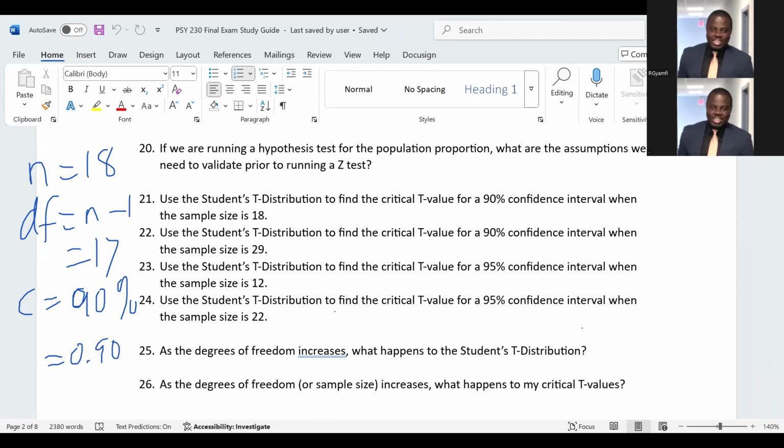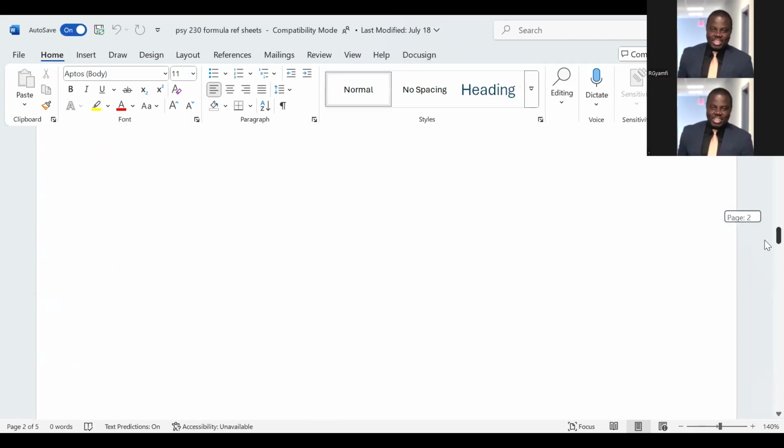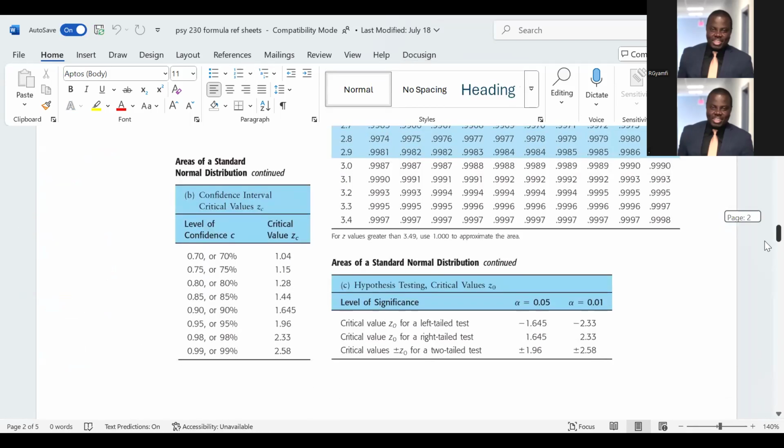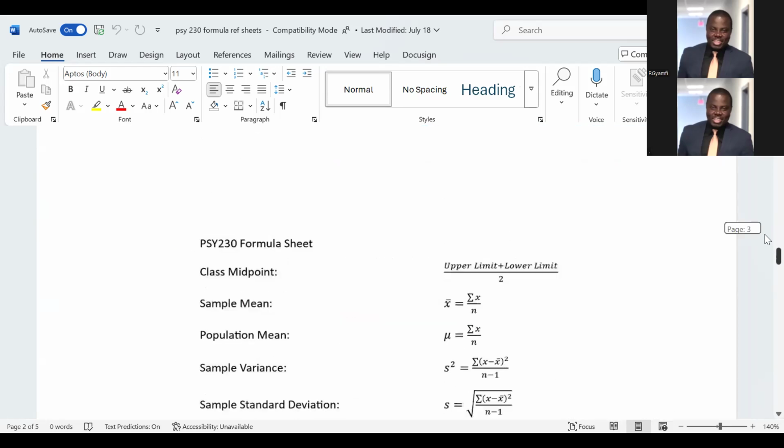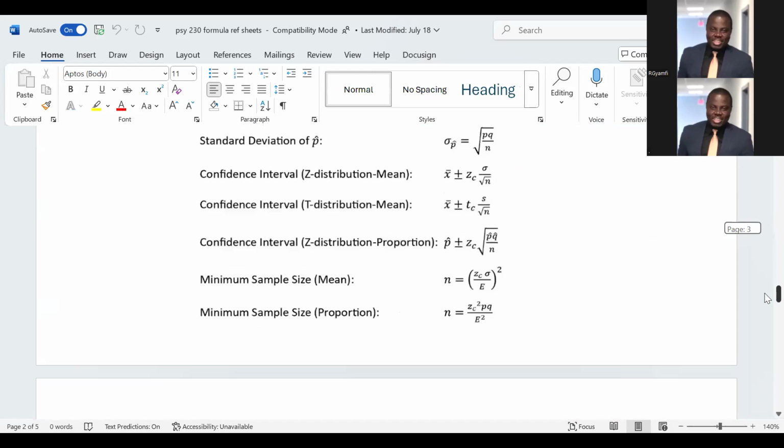So I go to my chart, the T chart, and then, okay, so this is not what we are doing, but let me just chip this in. This is the critical Z values, right? Where to find the critical Z values. All right. That's just by the way. Let's go to the T chart.